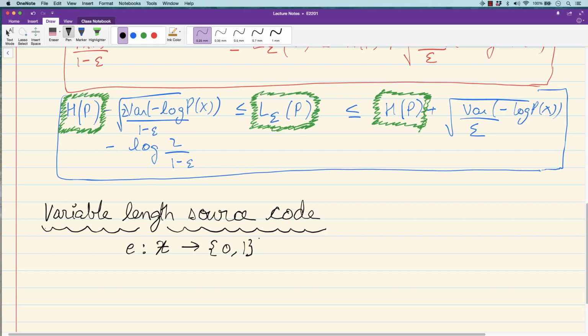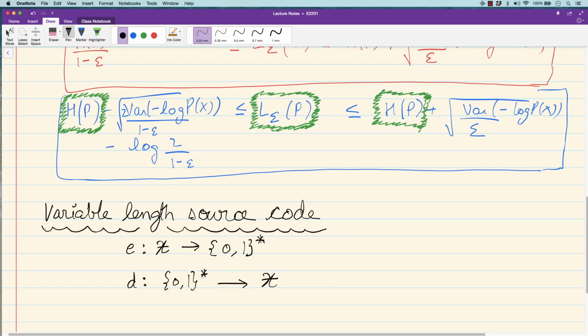It can produce any binary sequence of finite length. So this 0 1 to the power star is the set of all binary sequences of finite length. And the decoder again looks at this binary sequence of finite length and outputs a symbol associated with it.